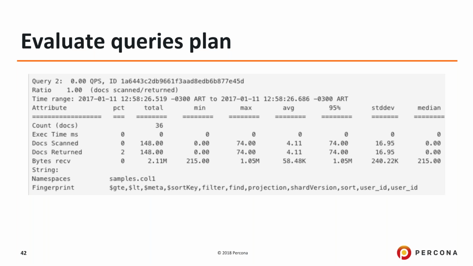This is an example of what the command line tool would output. So it's kind of the best we can do with the command line, a table that's breaking down the different aspects of this query. So this is just one query that the profiler found that's scanning 148 documents and returning 148 documents in this example.